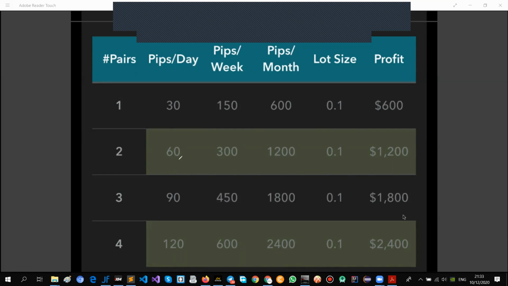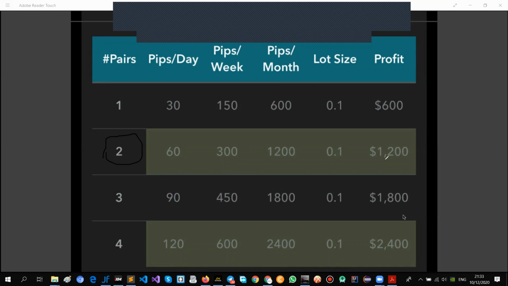With two pairs, which is the type of trading that I do, 60 pips a day, 300 pips per week, 1,200 pips per month, and that's $1,200, guys. Just as easy as that.